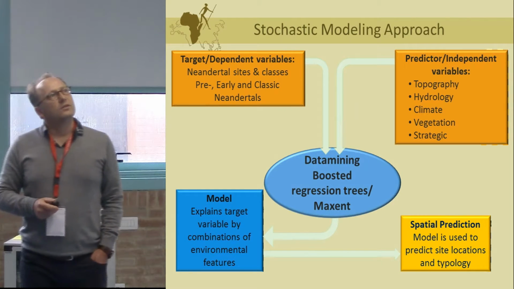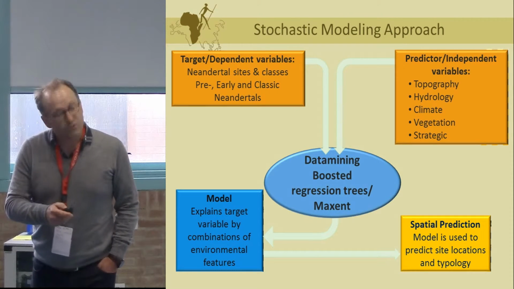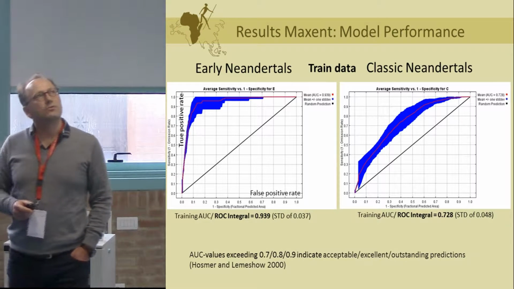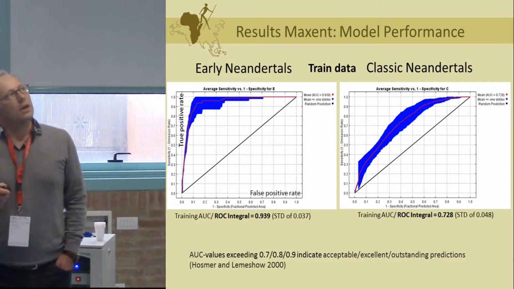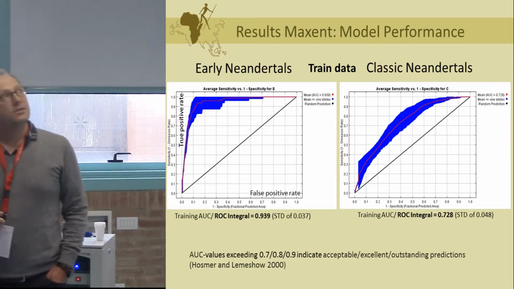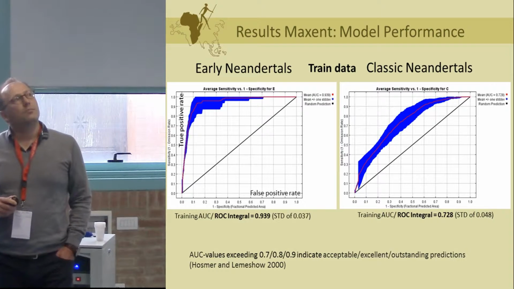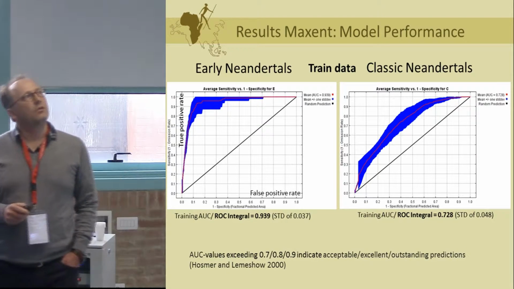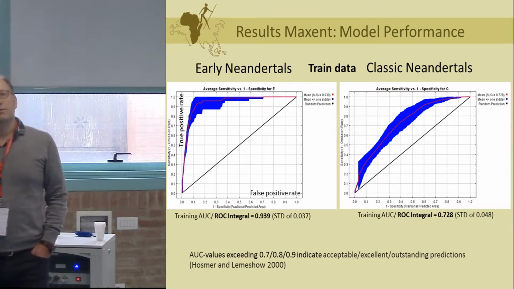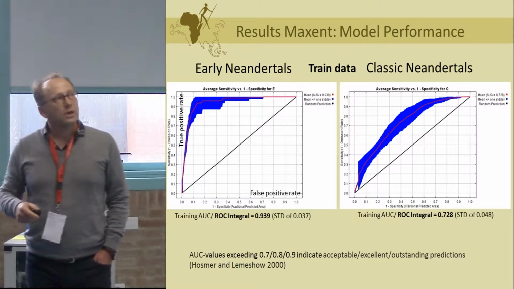First we use then the Maxent and the boosted regression tree model, and here the results of the model performance of the Maxent model. Here on the left-hand side you have the early Neanderthals, on the right-hand side you have the classic Neanderthals, and what you see over here is the receiver operator curve integral. So if the curve is passing through the upper left corner of this diagram, we have an excellent model. So our integral under the curve is about 1.